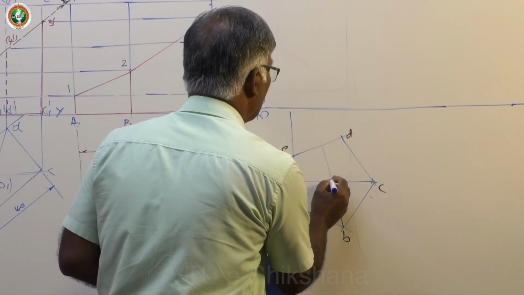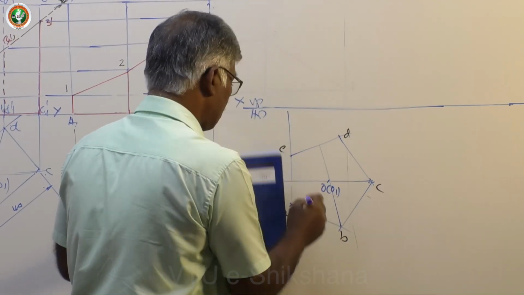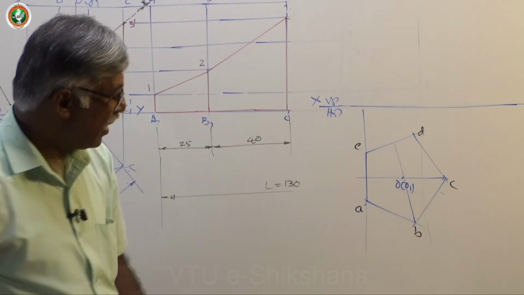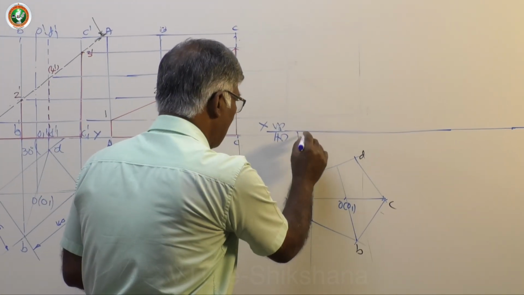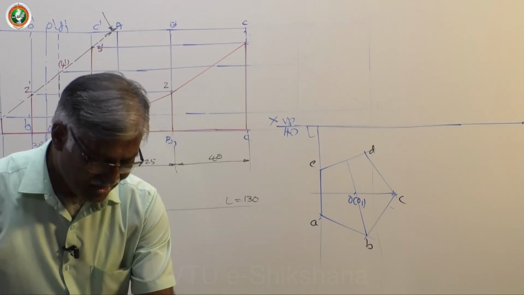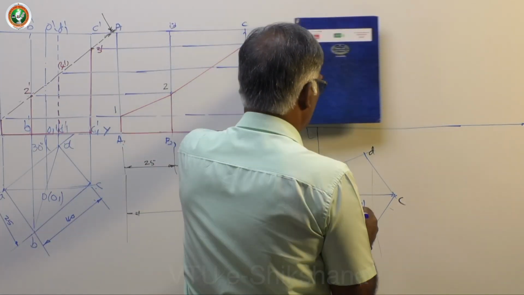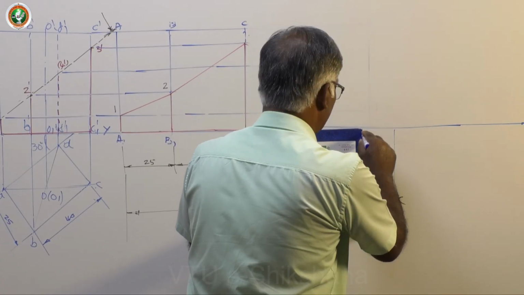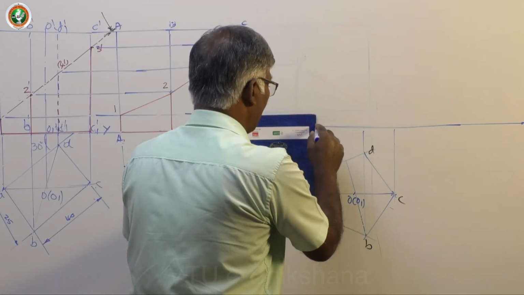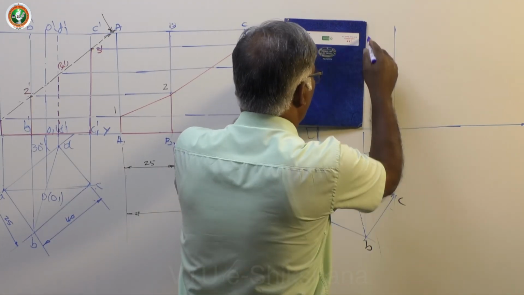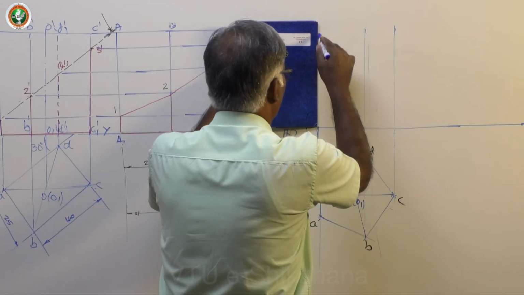Center O1. Again I am telling you, this is very important. One of the lateral faces or one of the base edges is perpendicular to VP. Then get the corresponding front view. See that B1, D1 are coinciding with each other. Identify the height and draw the projections.